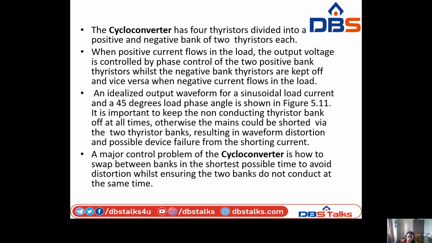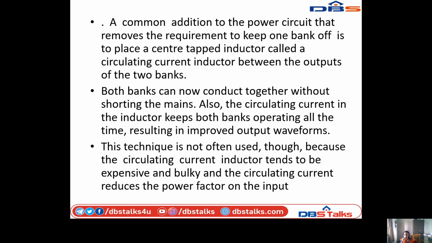Here, a common addition to the power circuit removes the requirement to keep one bank off: place a center-tapped inductor, called a circulating current inductor, between the outputs of the two banks.